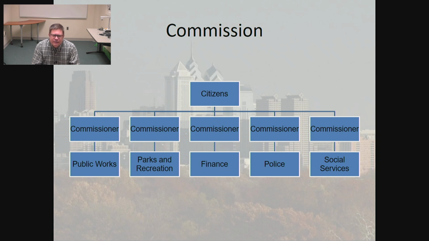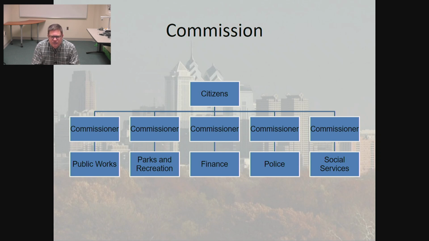So one way that governments are organized is through the idea of commissions. So basically, either at a district or a citywide level, people elect commissioners who serve basically as a city council. And in each one of these diagrams, you have the citizens at the top and then the other forms of government below.